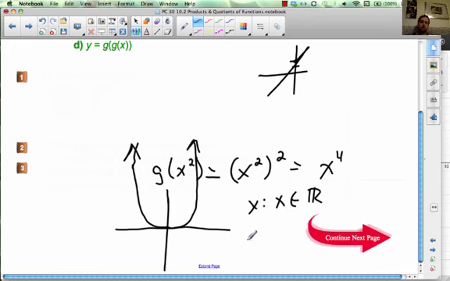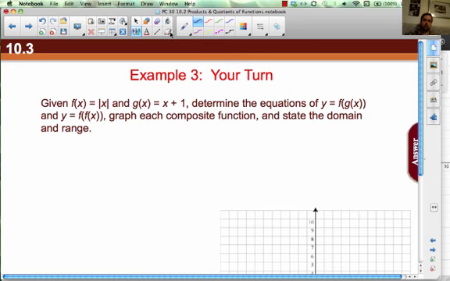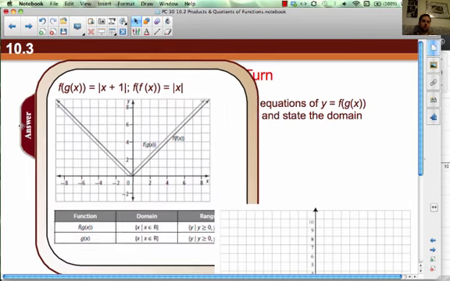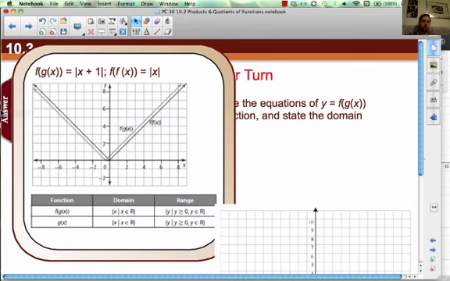It's an element of the reals, and your y has to be greater than this point, which is 0. Y is greater than or equal to 0, but otherwise an element of the reals. No problem. So go ahead and try this one. Come back and check your answers. There you go.